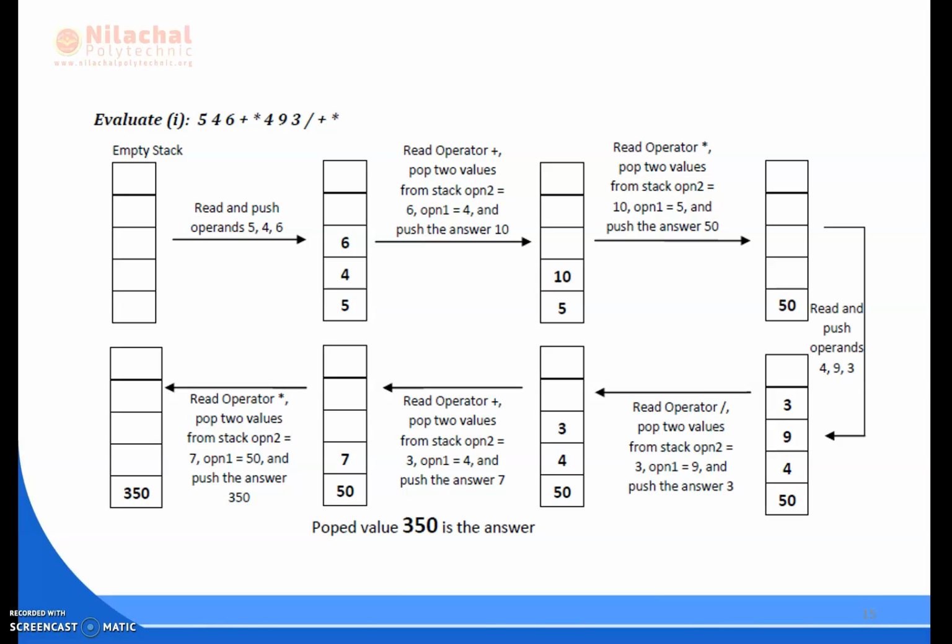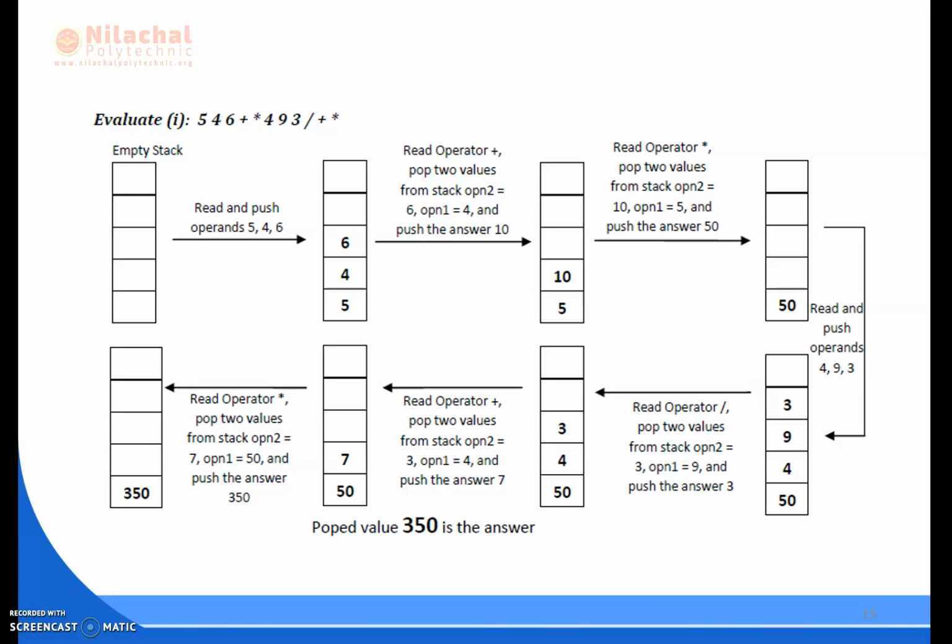At the next step we see an operator, that is the plus sign. We already know that when we see an operator, two elements will be popped out from the stack, that is 6 has been popped out and 4 has been popped out.